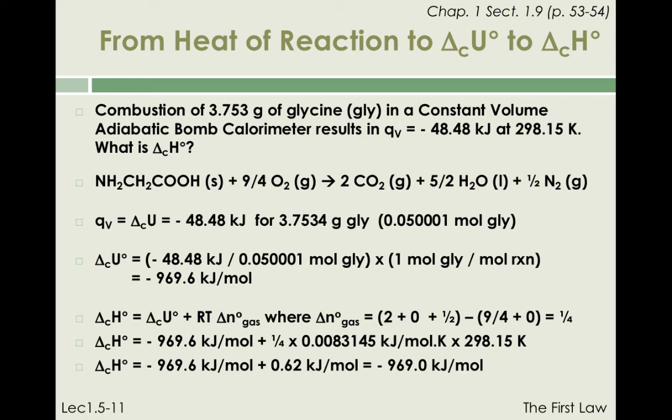This yields delta C H standard equals minus 969.0 kilojoules per mole. Note that in the equation for delta C H standard, we use R equals 0.00831451 kilojoules per mole per Kelvin, since delta U was given in kilojoules per mole.